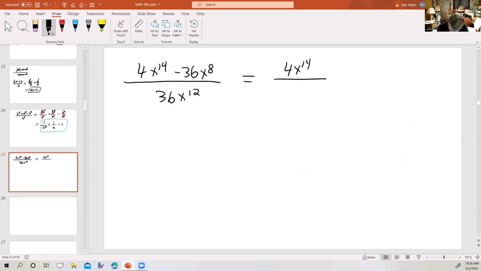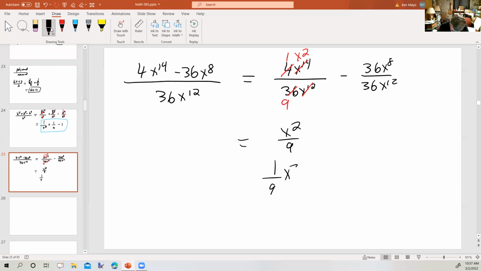We take each term in the numerator and divide it by the term in the denominator. So I get 4 over 36, which reduces to 1 over 9. X to the 14th over x to the 12th is x squared. So I end up with x squared over 9, or you could write it as 1/9 x squared.